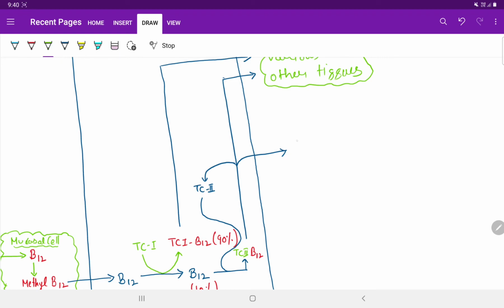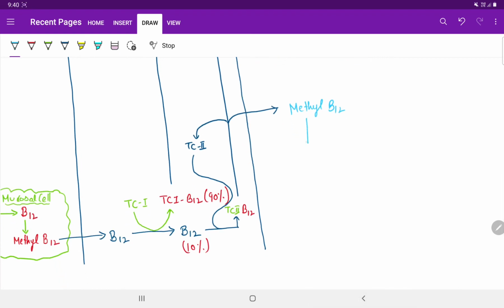So this gets stored in the form of methyl B12 inside the liver, which is further converted to the permanent storage form, deoxyadenosyl B12.